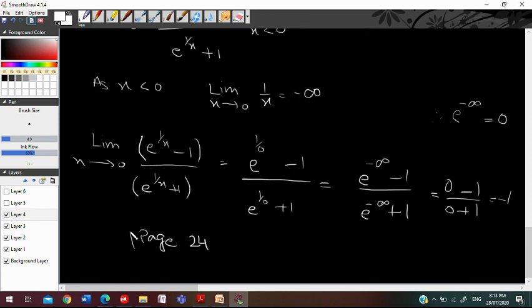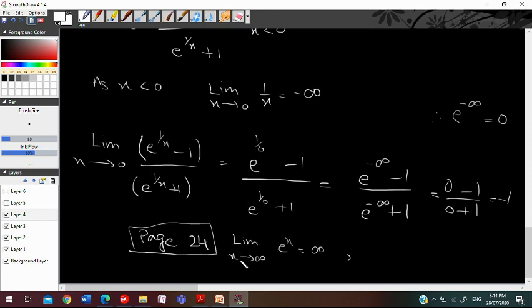Kindly see the statements. No need to prove these statements, but you must keep the results in your mind. The first statement is limit x approaches positive infinity, exponent x is equal to plus infinity. This is the first result. You just keep the result.